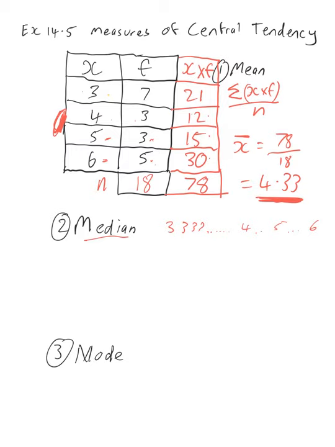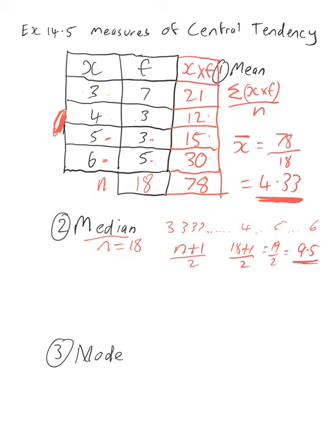First of all, we need to know what is the middle position, okay? So our n value is 18. There are 18 scores. So to find the middle position, we apply the little rule n plus 1 divided by 2. Okay, and in this case that's 18 plus 1 divided by 2 equals 19 divided by 2 equals 9.5.